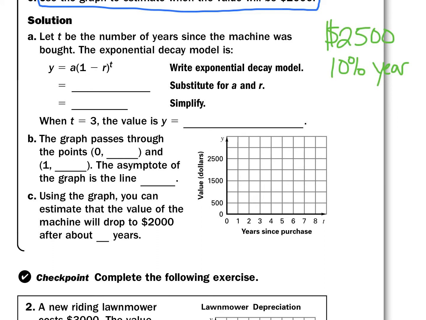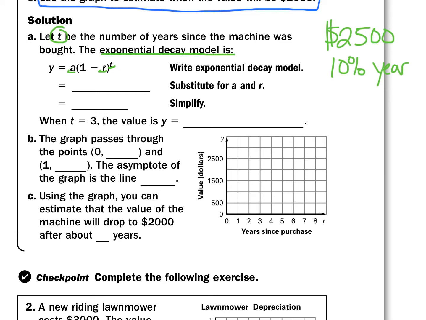For A, it says let T be the number of years since the machine was bought. The exponential decay model is A, the initial value, times the quantity 1 minus R, the rate of decay, raised to the T power.